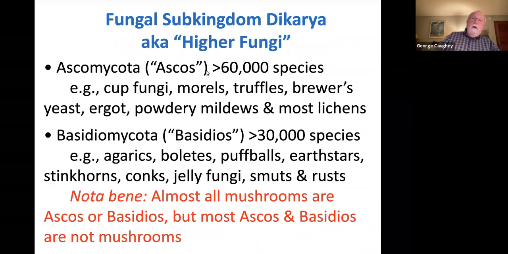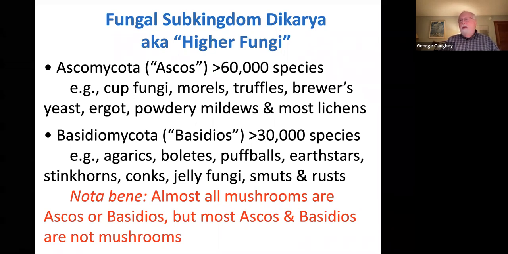So most of the things we call mushrooms, the fungi that make these big visible sporocarps, containers for spores, fall within the subkingdom of Dikarya, meaning they have two nuclei. This is a characteristic of them.